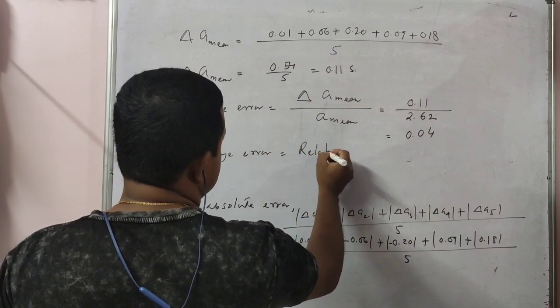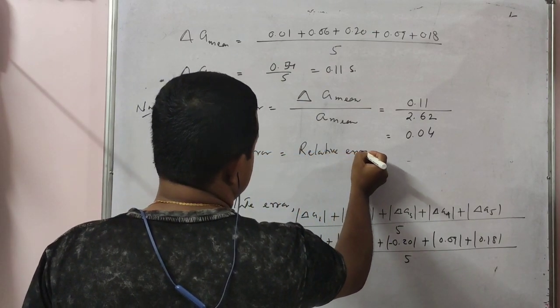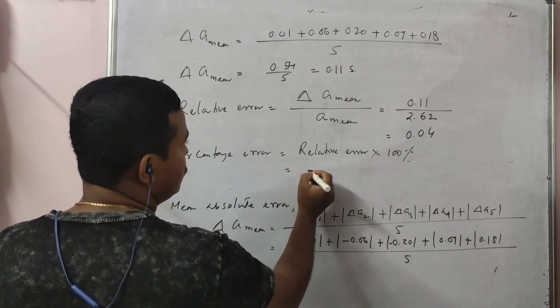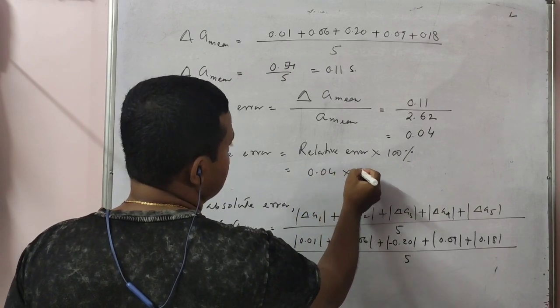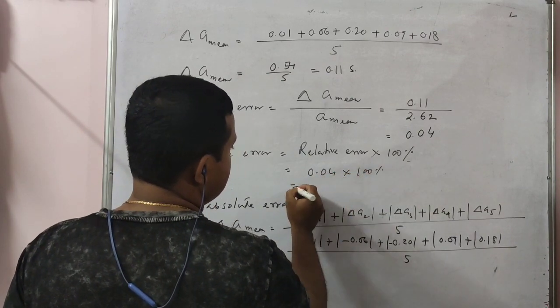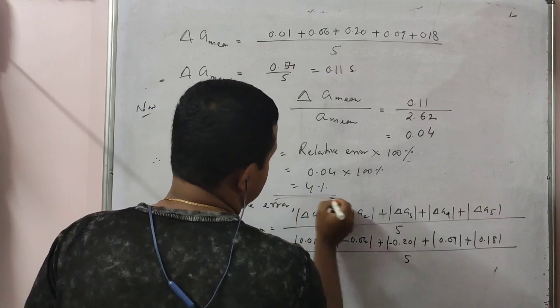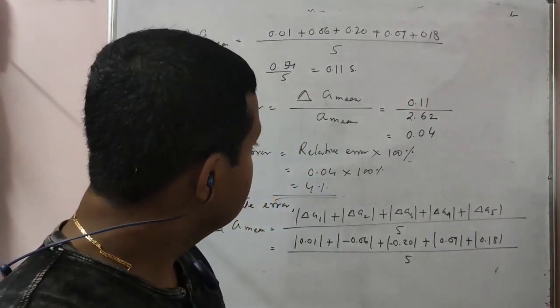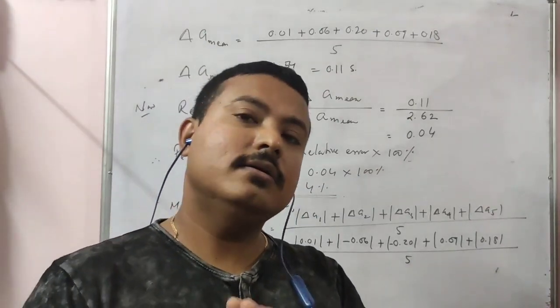Relative error into 100%. Now here relative error is how much? 0.04 into 100%. So it will be 4%. So like this, we can calculate relative error, absolute error, and percentage error.